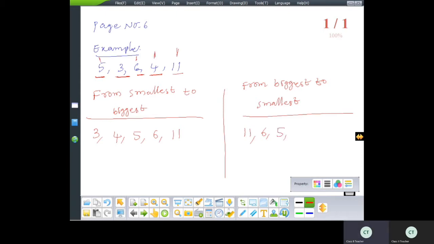After 5, 4. And the final smallest number, the last one, is 3. Yes, from biggest to smallest the numbers are 11, 6, 5, 4, 3. This is an example of page number 6.